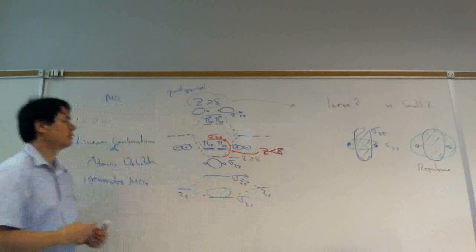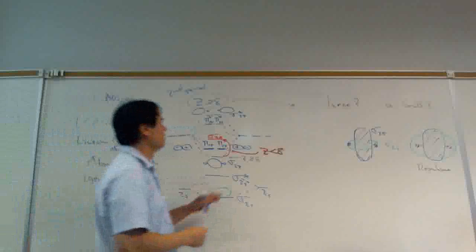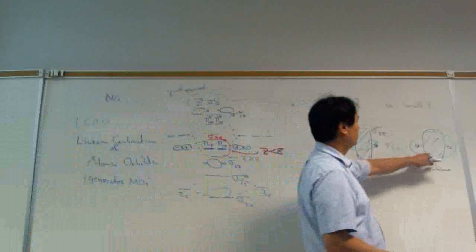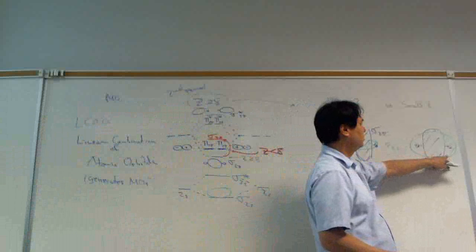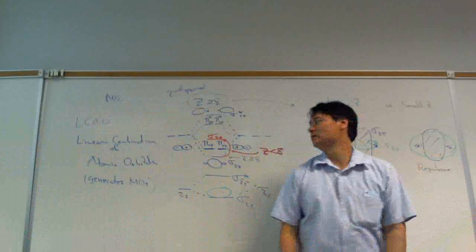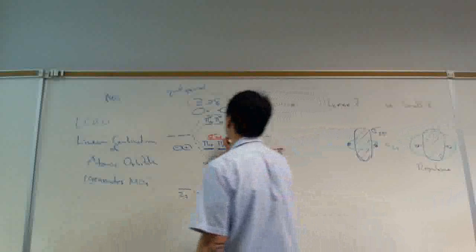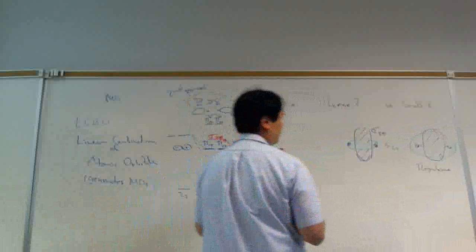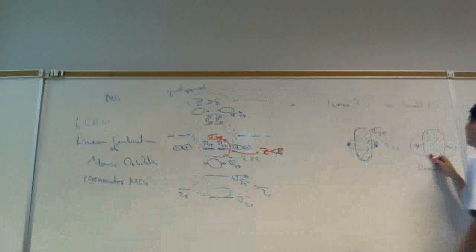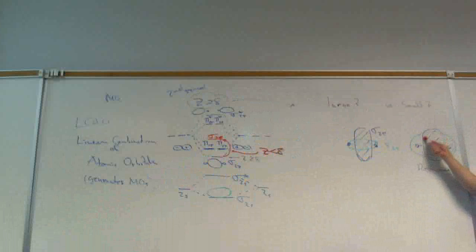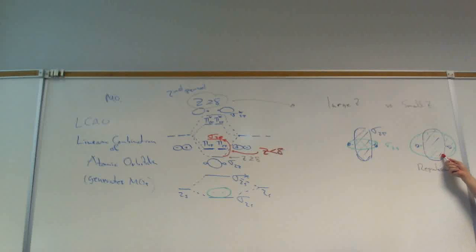The green orbital is the sigma 2s. The blue orbital is the sigma 2p, so the sigma 2p becomes destabilized here. See? Repulsion with the sigma 2s. Okay, does that make sense?